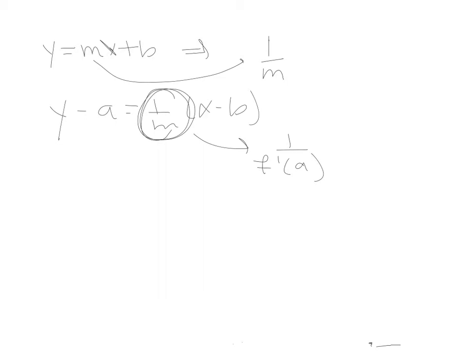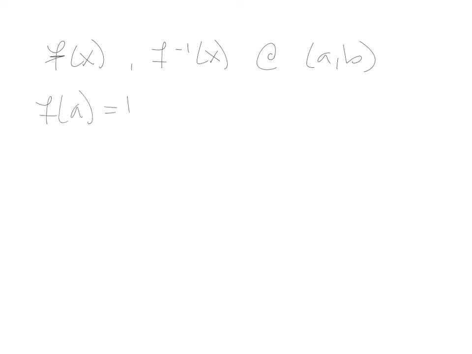So imagine you have some f of x that has an inverse, f to the negative 1 of x, at some point a, b, so that f of a equals b, at some specific point.